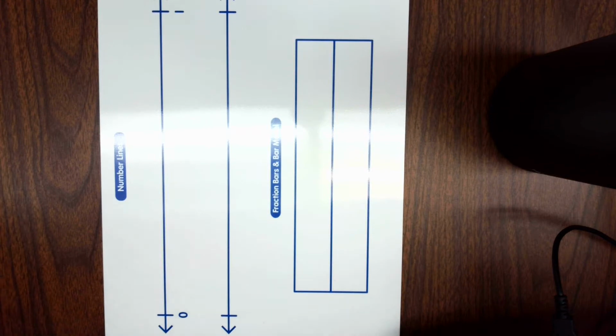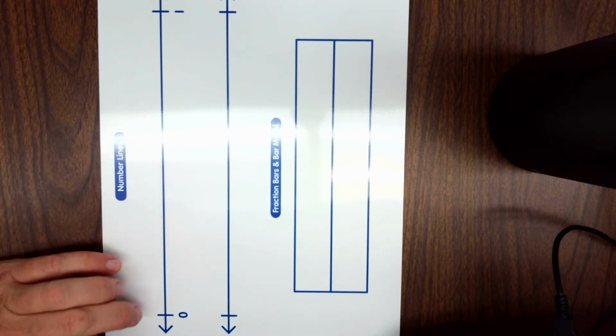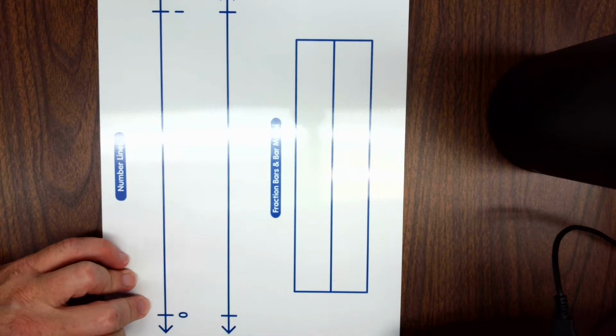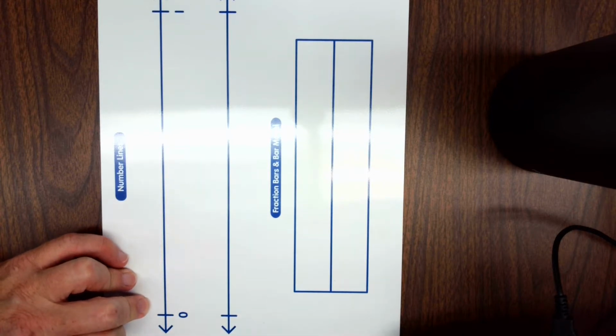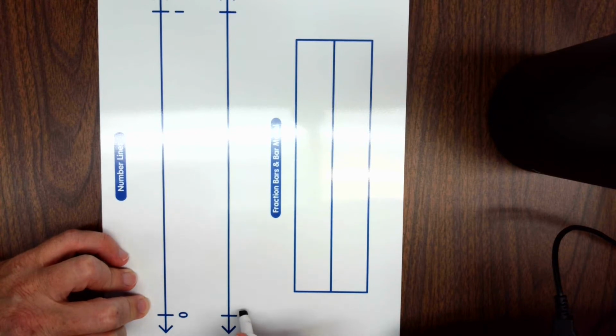Okay, so here we are using our vertical number lines. The first thing I'm going to do is I'm taking these out of some of the Go Math lessons and I'm going to do some rounding. So let's take a number, and right here on the lower line will be the lower number. So in this case, it will be 400.